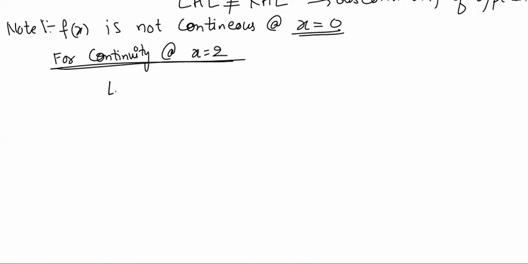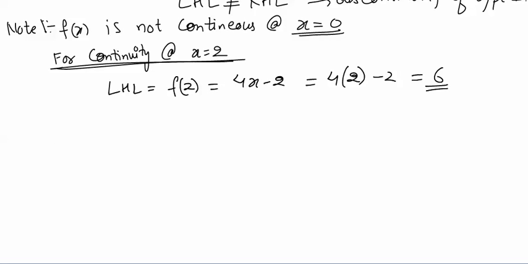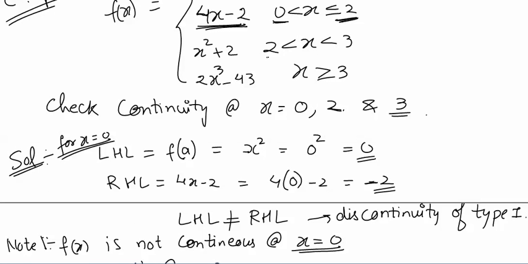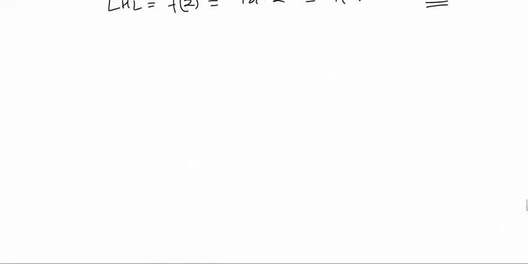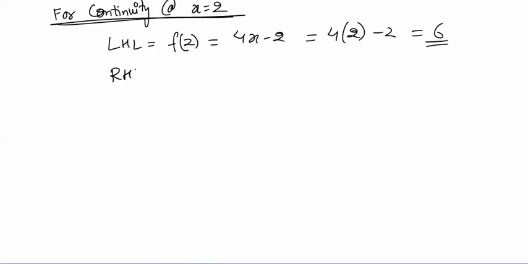So LHL is equal to f of 2, which is 4x minus 2, nothing but 4 into 2 minus 2, that would be 6. And talking about RHL, 2 plus, which will be in this case x square plus 2. So for RHL we'll use x square plus 2. This will be nothing but 2 square plus 2, and that will again be 6.